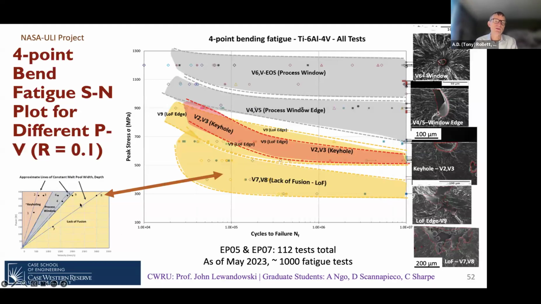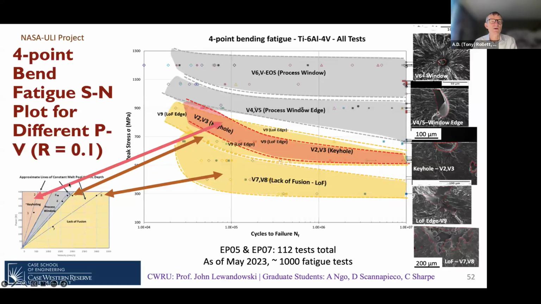And so the results coming out of the lack of fusion zone were terrible, meaning relatively short fatigue life at low alternating stresses. As we moved closer to the process window, the fatigue performance became a little better, not quite such low stresses.